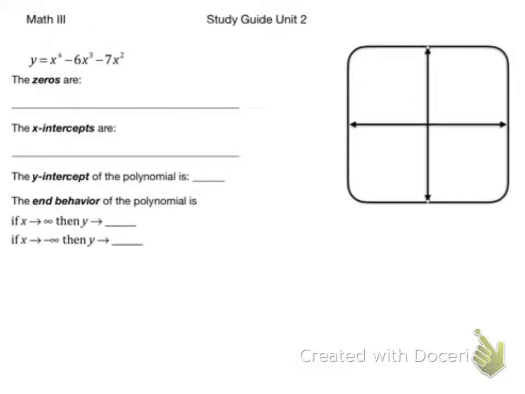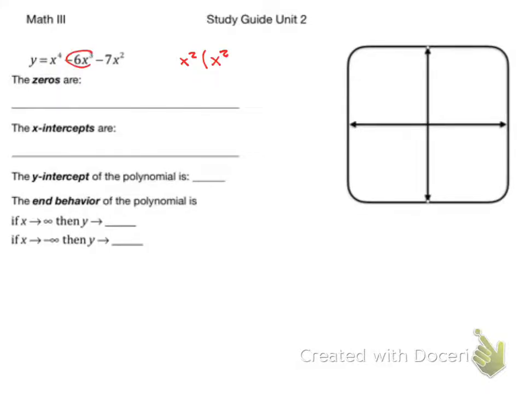Now, if we factor out an x squared, so we're taking x squared out of each of these, that comes outside of the parenthesis, and then we start seeing what's left. For x to the 4th, we take 2 of them out, so we have x squared left.